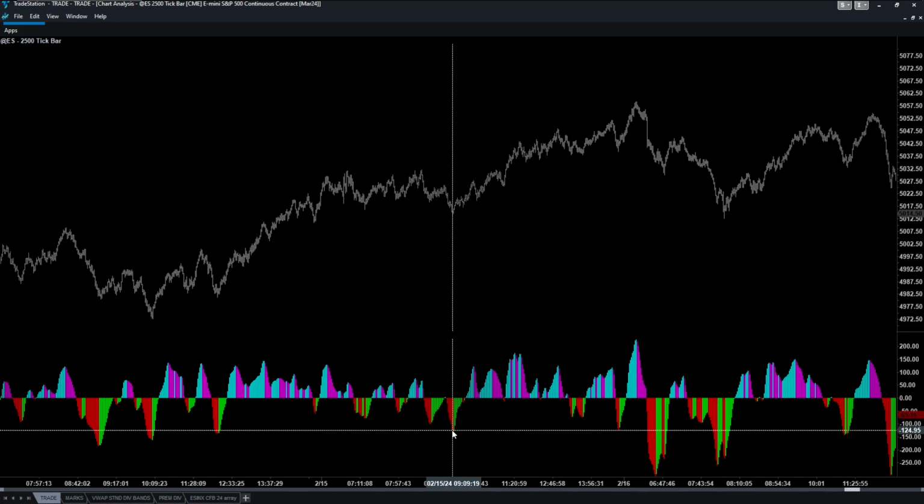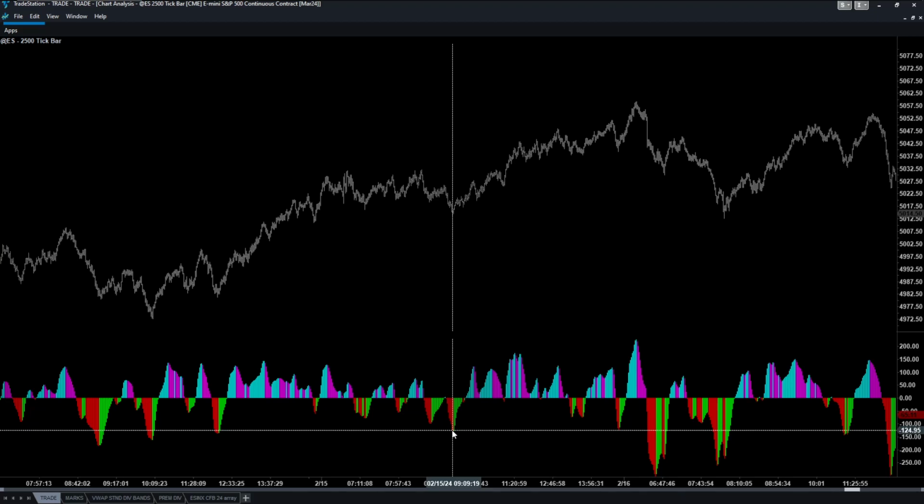Now, it also does a very good job of displaying divergence. But just like the TSC, sometimes it's not going to be divergent, and you're not going to see the opportunity to use this indicator to enter a short trade, based on the fact that it won't be divergent.